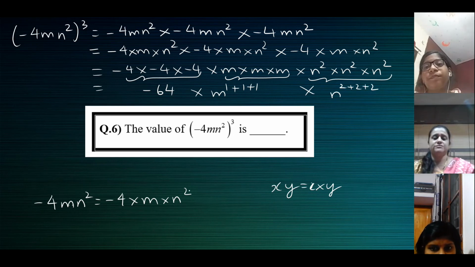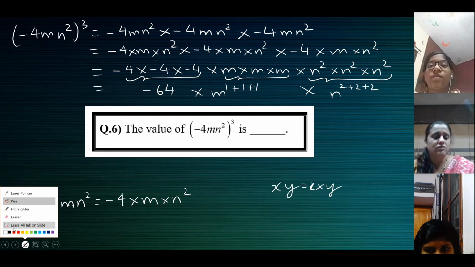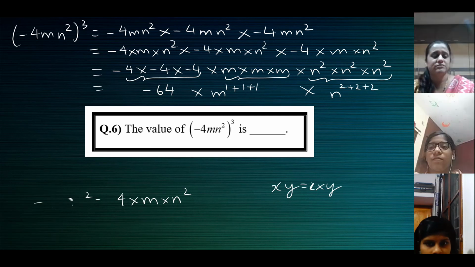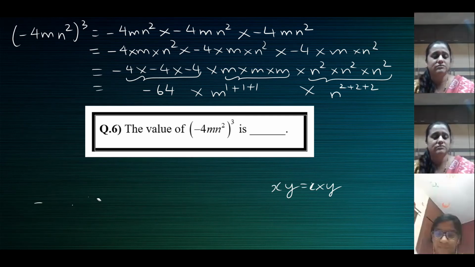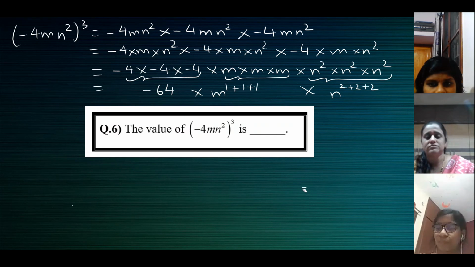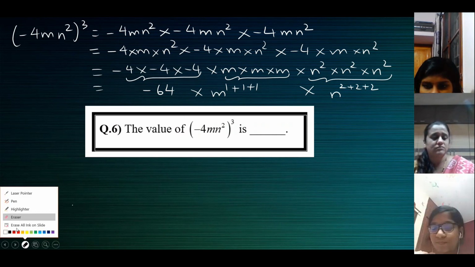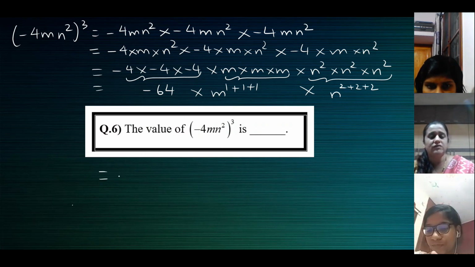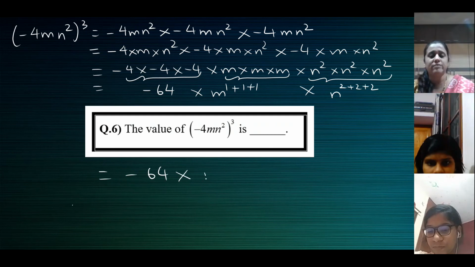So the final answer is, Bhavishya? Minus 64 into m power 3 into n power 6, ma'am.